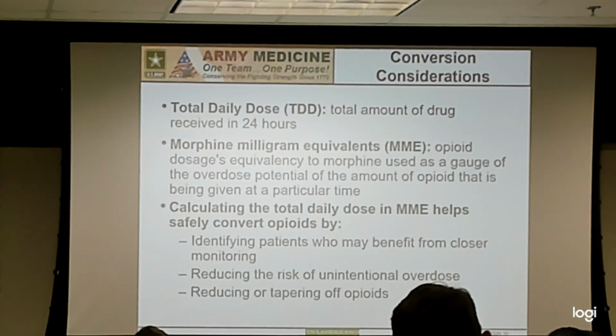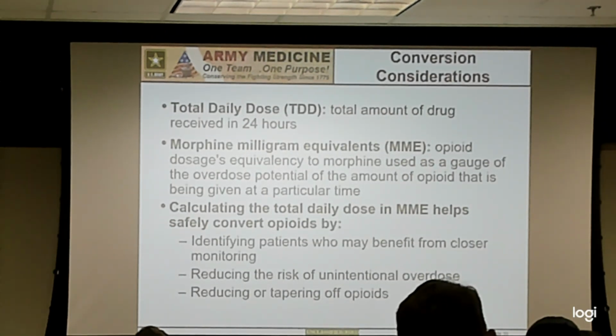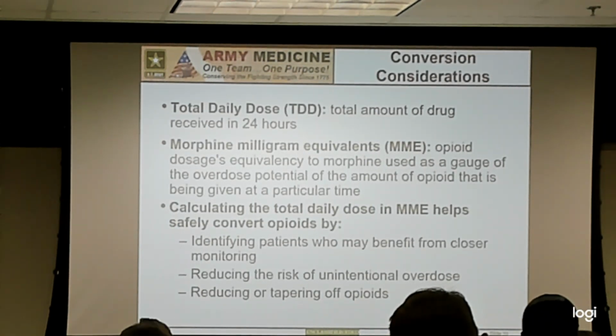This might cause a lot of adverse effects for them. I'm over my 50 that I should be for the entire day. I'm increasing the risk of my side effects. Looking at reducing the risk of an unintentional overdose, right? Or reducing the fact that you need to taper them off of it, and not getting them to doses that are so high that will require a longer taper.